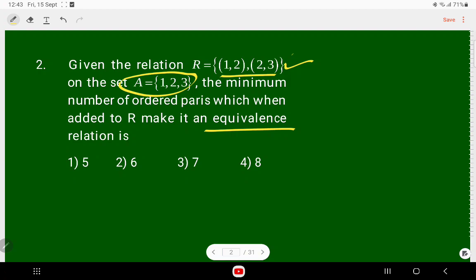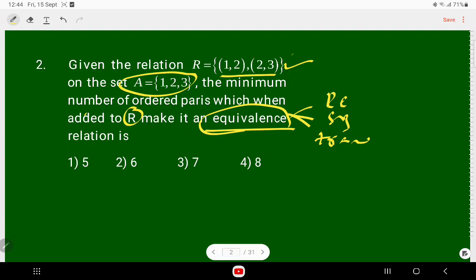The question asks for the minimum number of ordered pairs to add to R to get an equivalence relation. What is the definition of an equivalence relation? It must satisfy reflexive, symmetric and transitive.